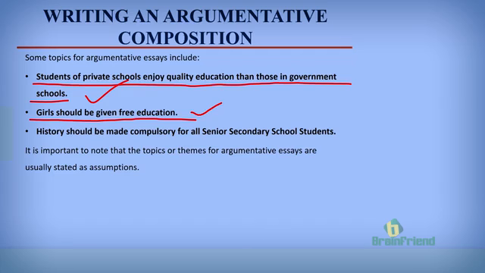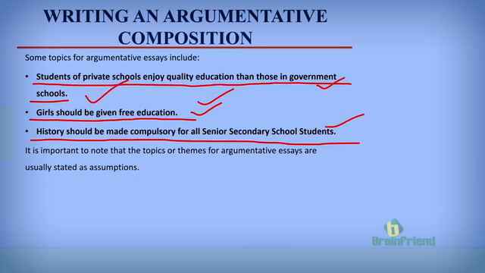Another topic says history should be made compulsory for all senior secondary school students. If I want to stand against this topic, I would say that history should not be made compulsory for all senior secondary school students. And I will also give my reasons. So these are good topics for argumentative essay writing.